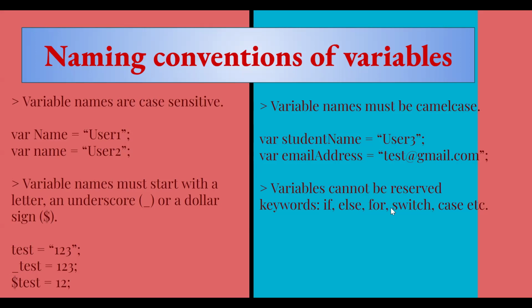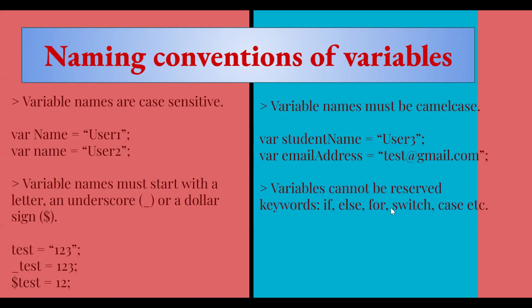First is variable names are case sensitive. Both lowercase and uppercase letters are different. Suppose we have two variables. One is name with N as capital letter and another name with N as small letter. Both variables are different.